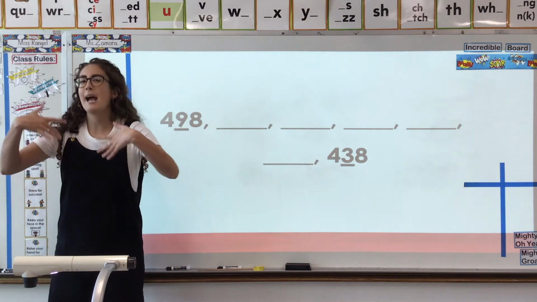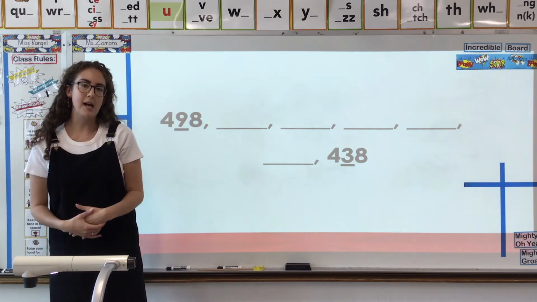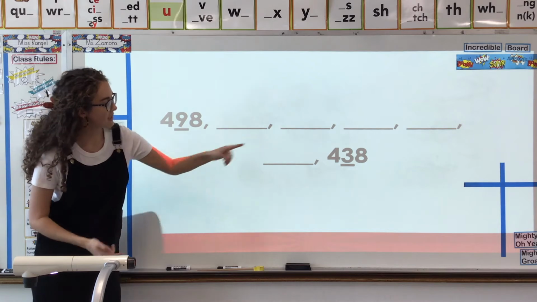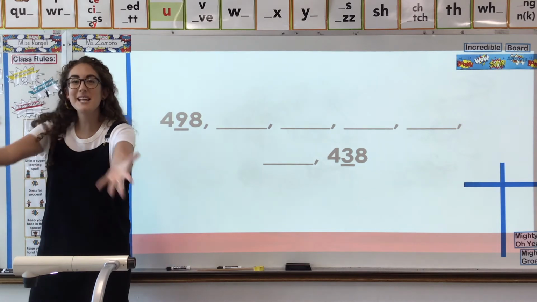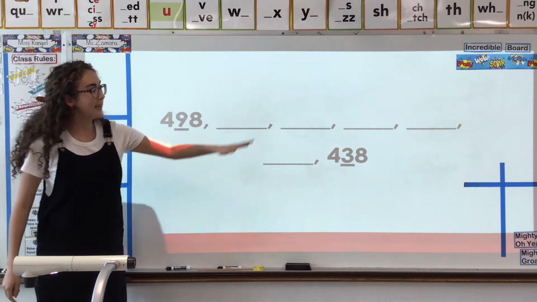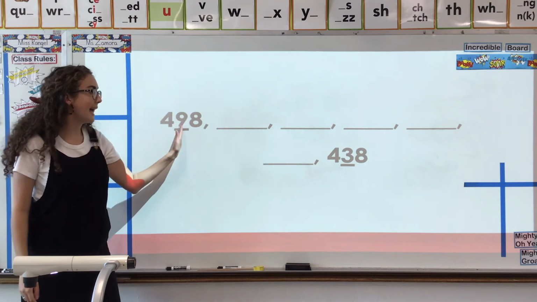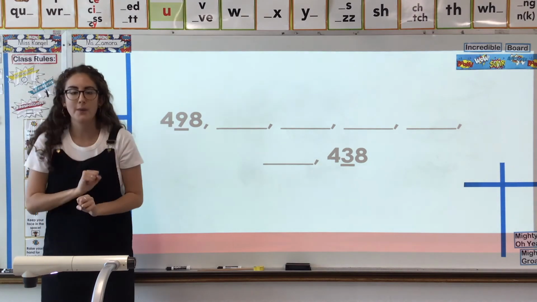Are we going to add a 10? Or are we going to take away a 10 every time? What's happening? We're going to take away a 10 every time. We're going to skip count down because 3 tens is less than 9 tens, so we want our number to get smaller.